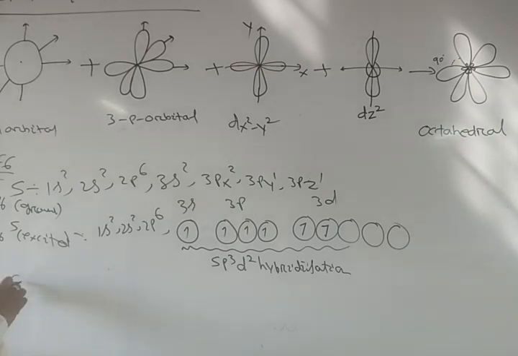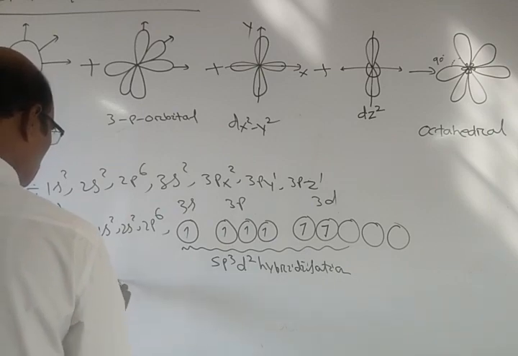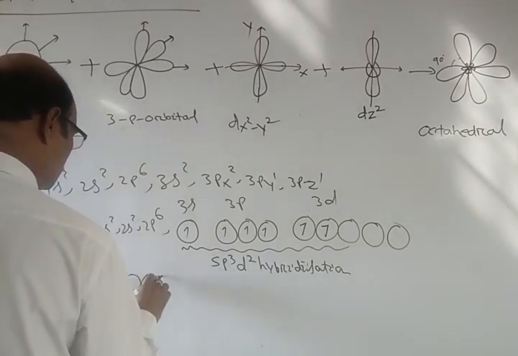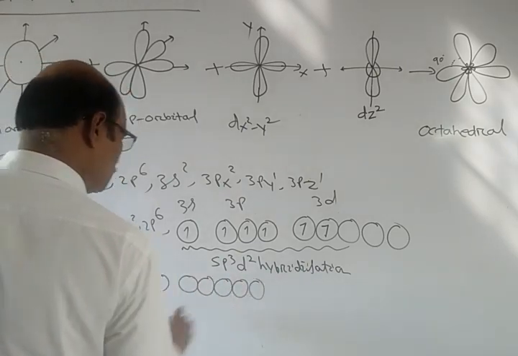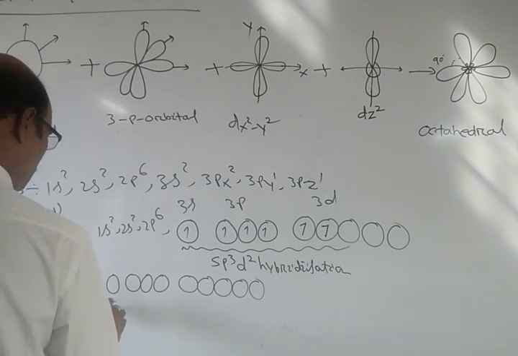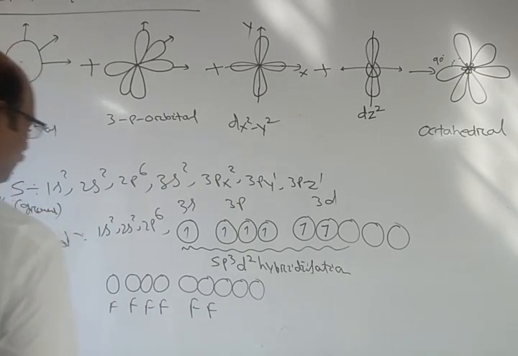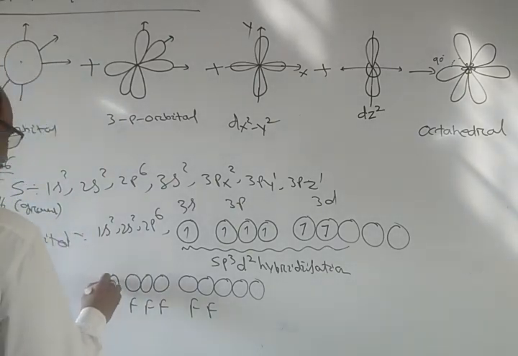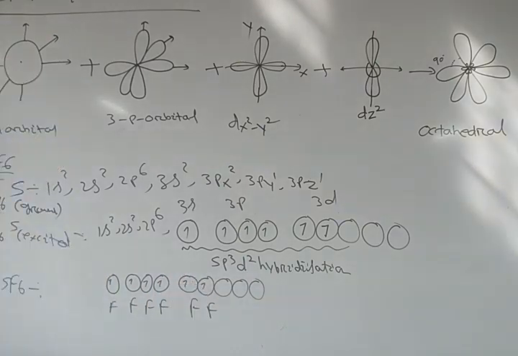So in SF6, what will happen here? S with sp3d2, and we have F, F, F, F, F, F. One electron from each fluorine atom.